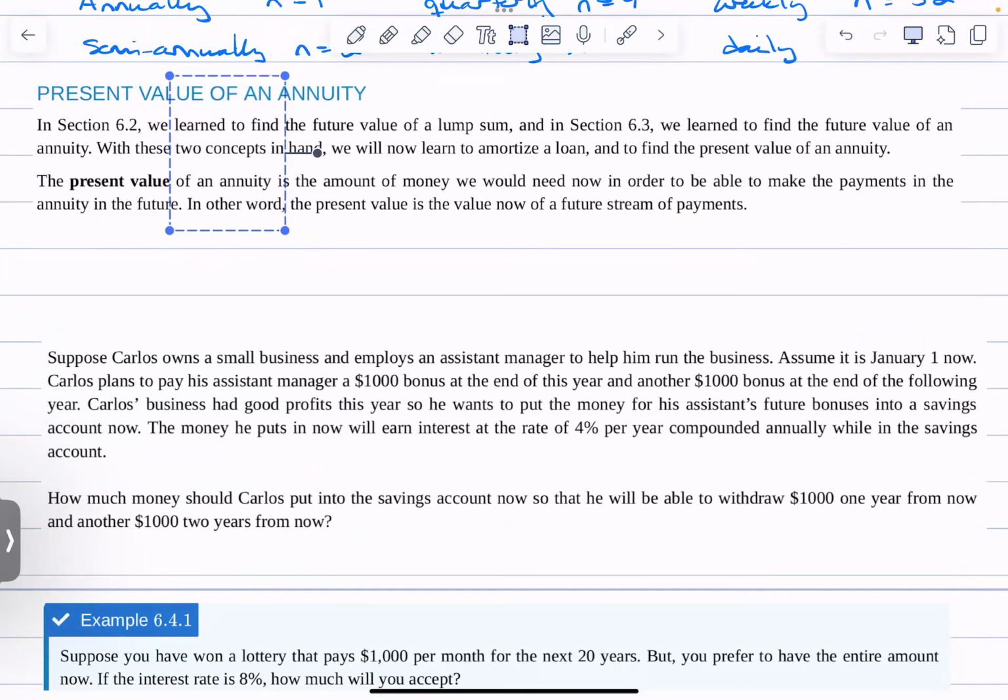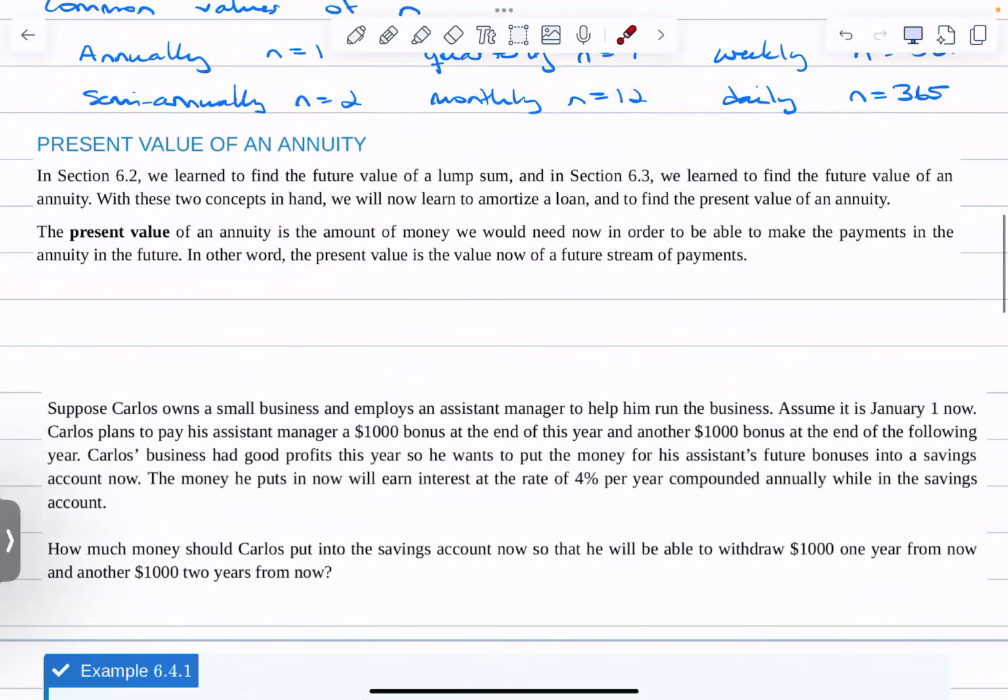So the present value of an annuity is the amount of money we would need now in order to be able to make the payments in the annuity in the future. There's a typo here.